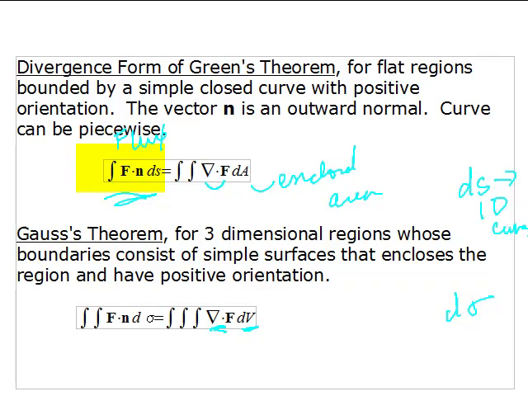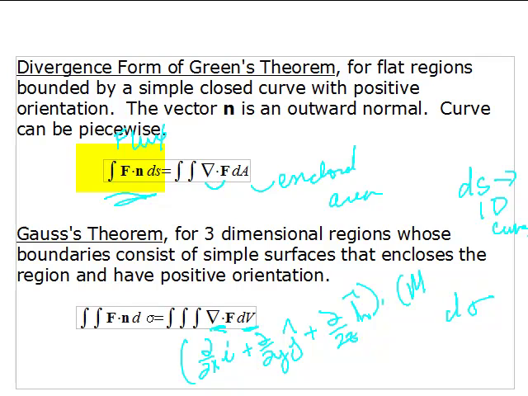Remember what divergence is? You know what the del operator is: d by dx in the i direction, plus d by dy in the j direction, d by dz in the k direction, and we dot that with m in the i direction, n in the j direction, and p in the k direction, and then we take the dot product and take those derivatives.